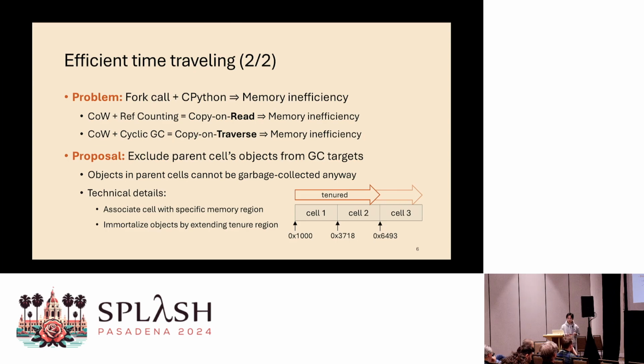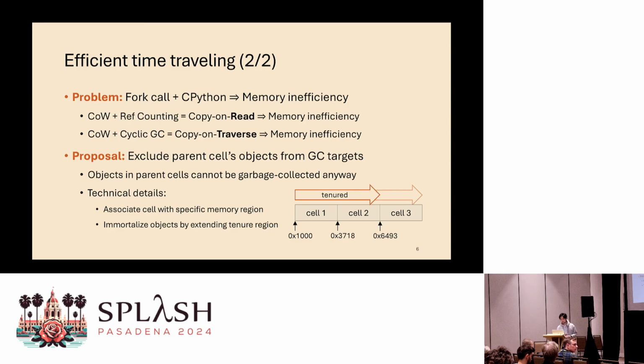Because of this behavior of the garbage collection system in CPython, the copy on write strategy of the fork system call is not copy on write anymore. It becomes copy on read or copy on traverse because of reference counting and the cyclic garbage collector. So there was obvious memory inefficiency when mixing the fork system call and CPython.